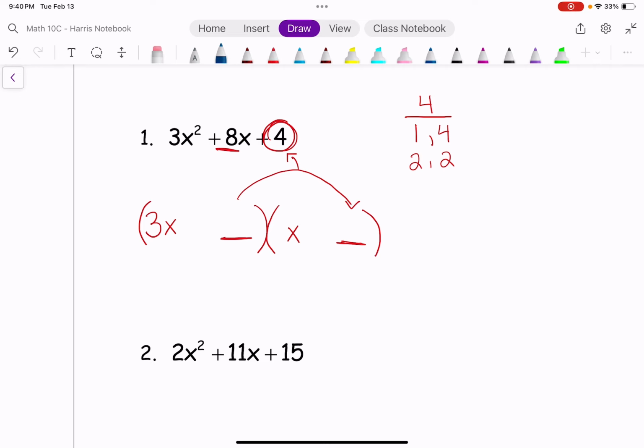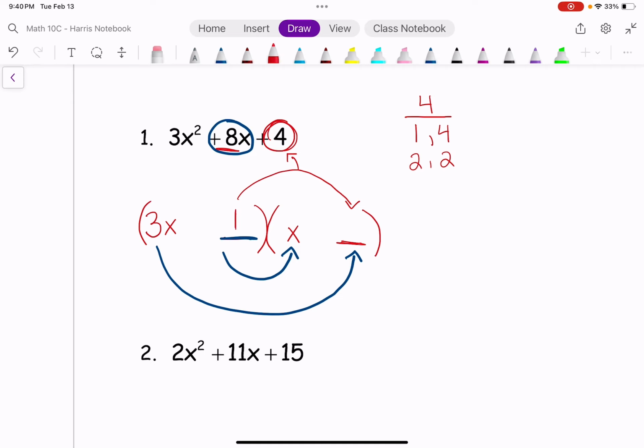I know when I expand out and I multiply, whatever this number is here times x, and whatever this number is here, whatever those answers are, they have to then add together to get to a positive 8. Whatever those two terms are, they're going to be combined together to get to a positive 8. Okay, so let's try 1 and 4.